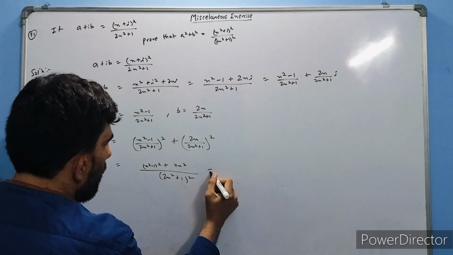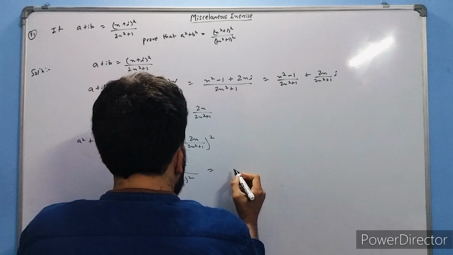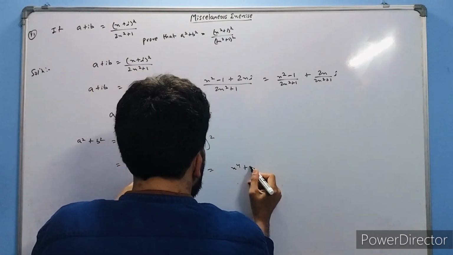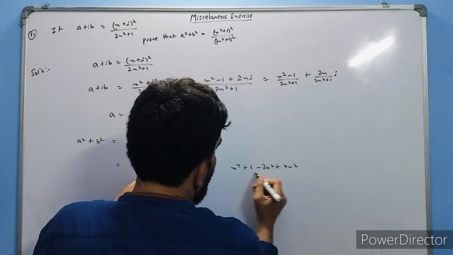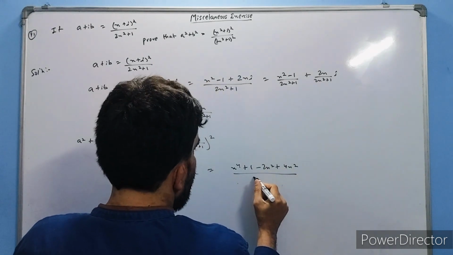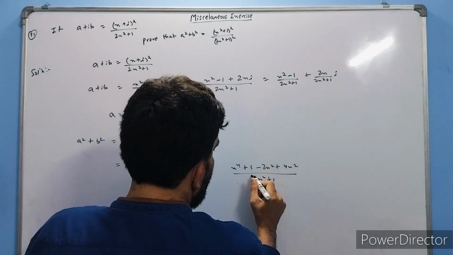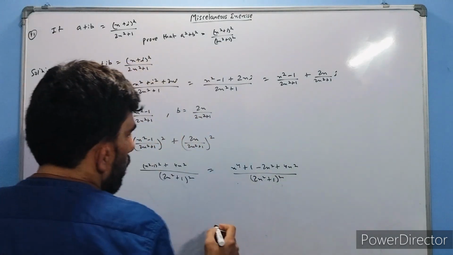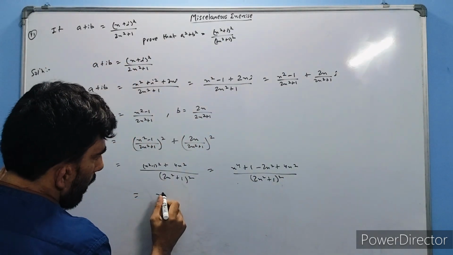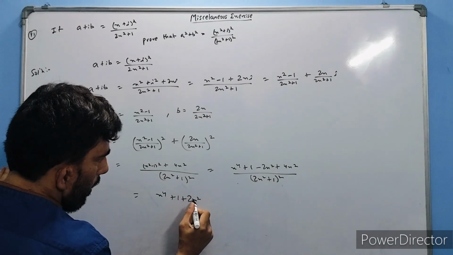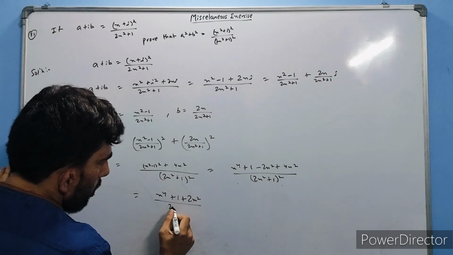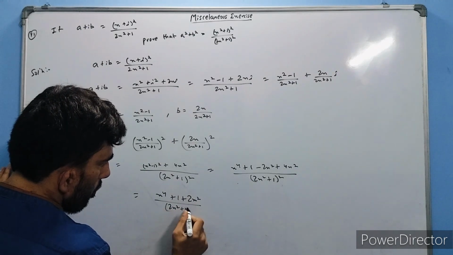So taking the expansion, I get x to the 4 plus 1 minus 2x square plus 4x square upon (2x square plus 1) whole square. So here I have x to the 4 plus 1 plus 2x square upon (2x square plus 1) whole square.